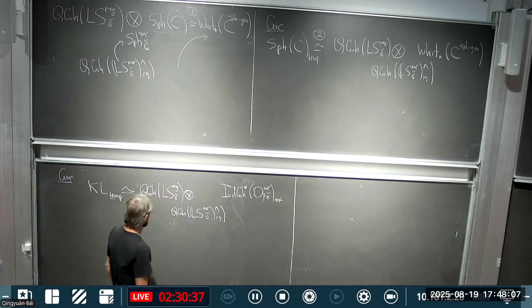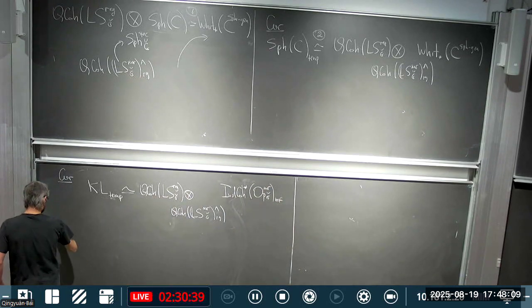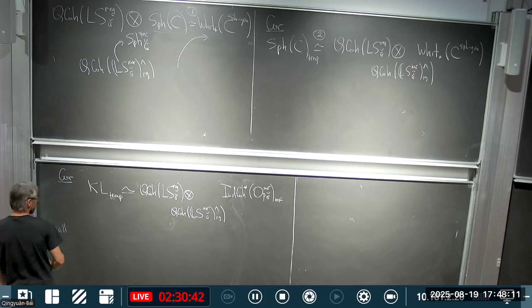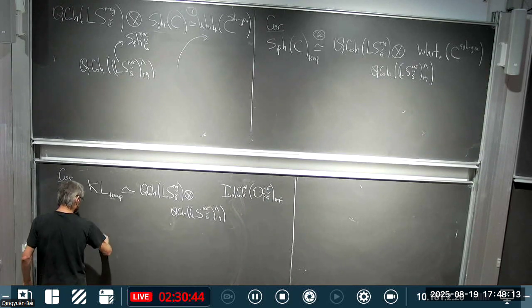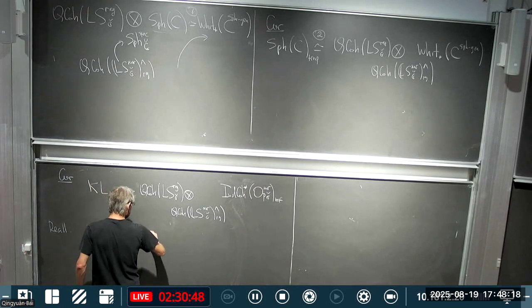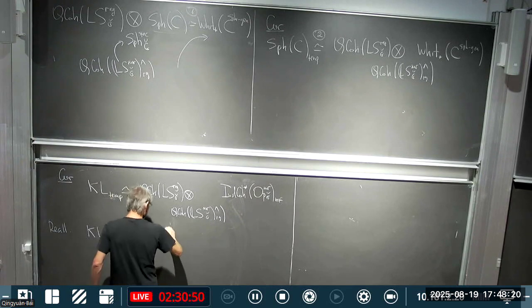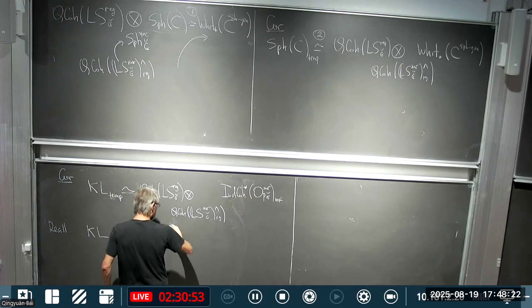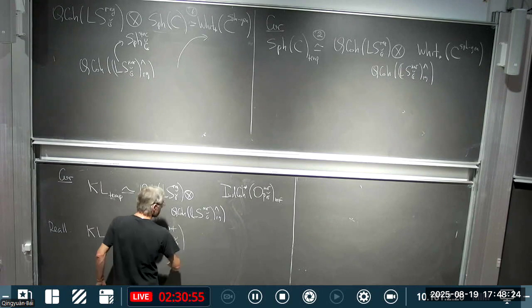And so recall again what I want. I want the FLE. I want KL to be just Ind-Coh star of monodromy-free locus as they are, not some kind of formal completion. So how do we get from one to another?